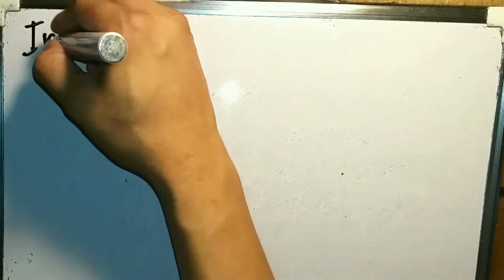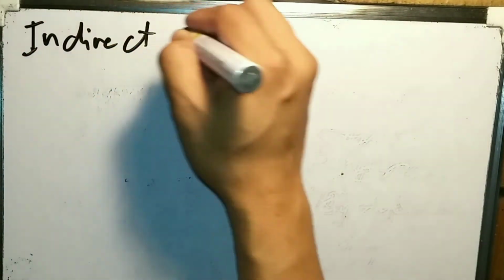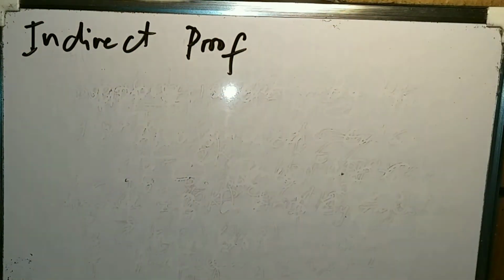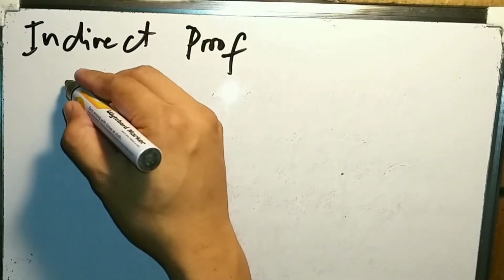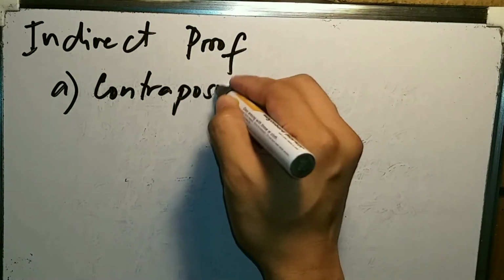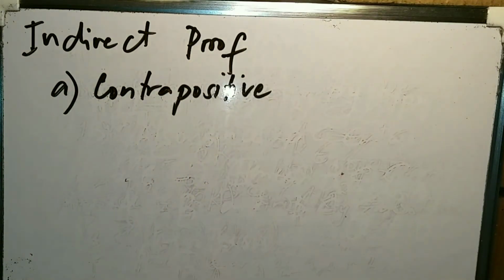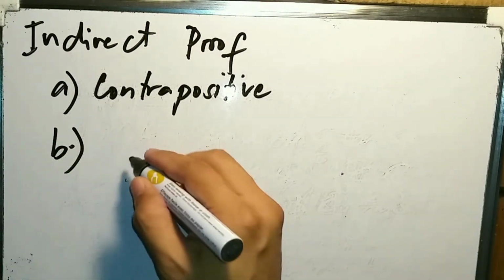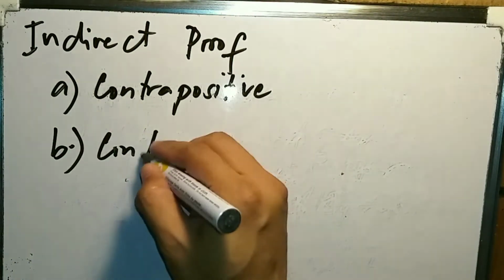So next comes the indirect proof. So in indirect proof, we have the so-called contrapositive and we have contradiction.